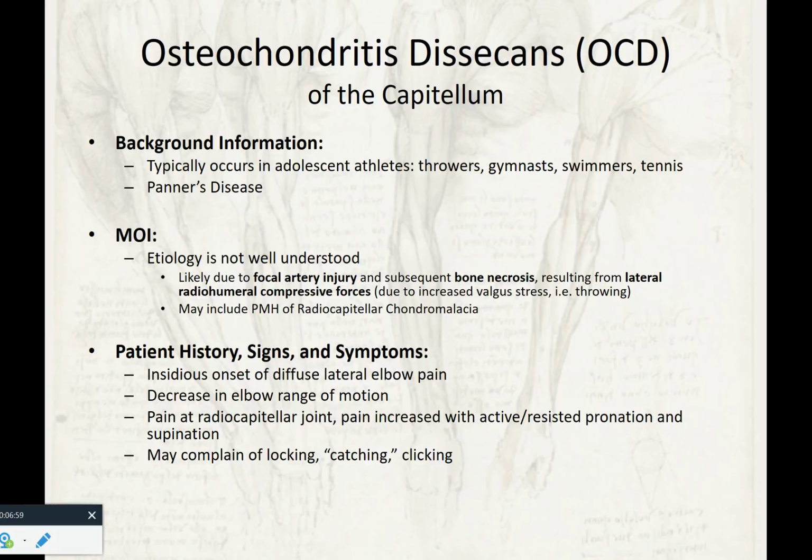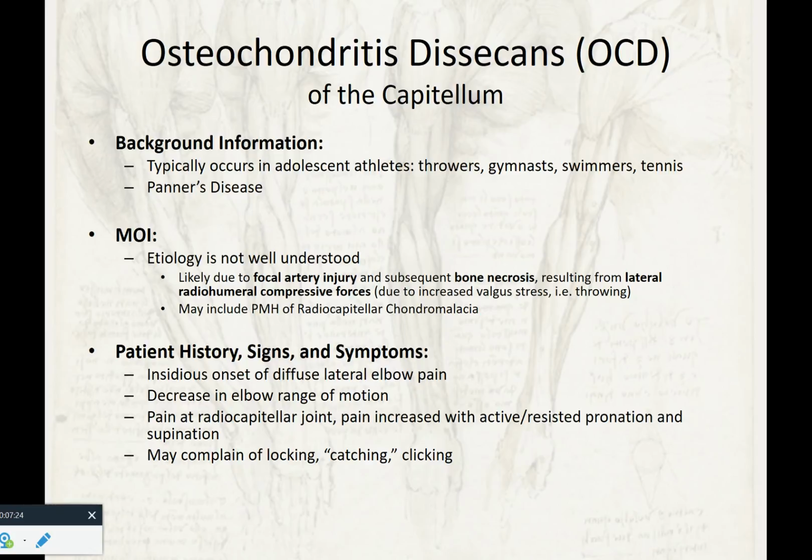This is likely due to an increased valgus stress and repetition, like throwing. It also could be due to increased weight bearing through the elbow, as seen in gymnasts. This may include a past medical history of radiocapitular chondromalacia, which typically seems to come first, and we will dive into this in the next several slides.